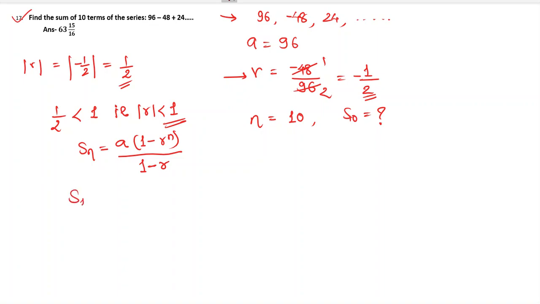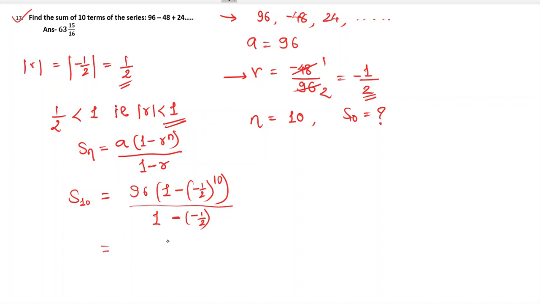So sum of 10 terms is equal to a, which is 96, bracket 1 minus, what is r? R is minus 1 by 2, right? So you will write minus 1 by 2 the whole raised to n, which is 10, the whole upon 1 minus 1 by 2.